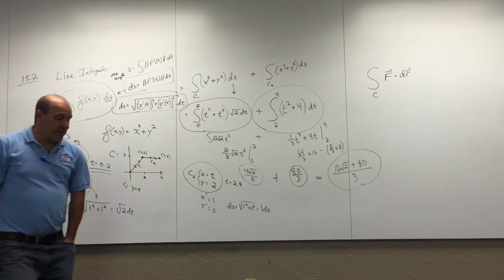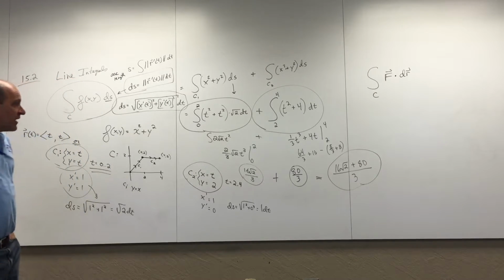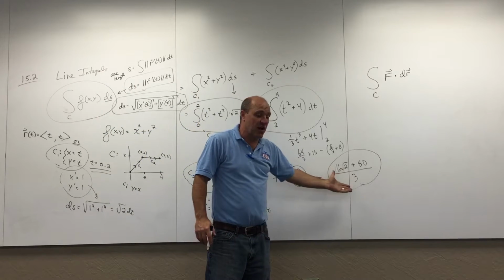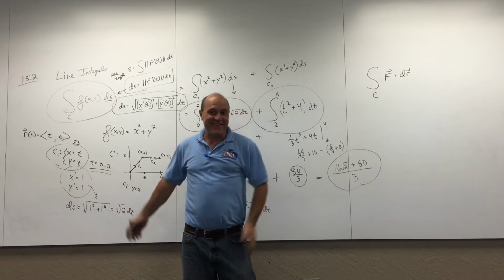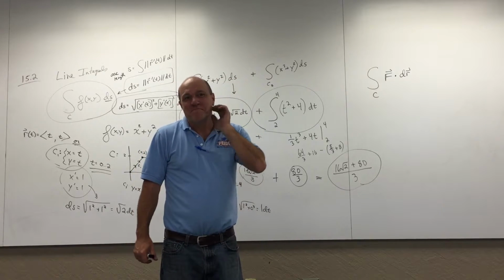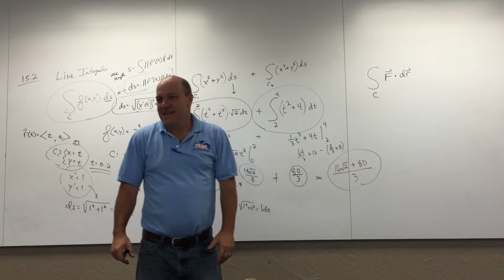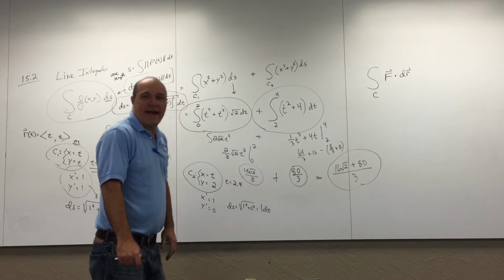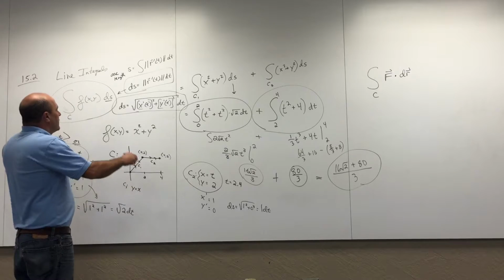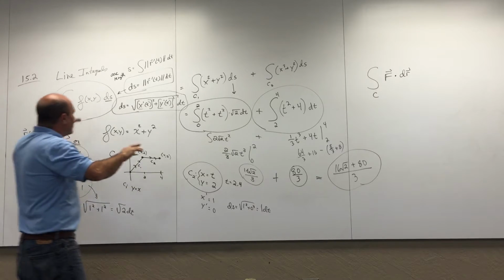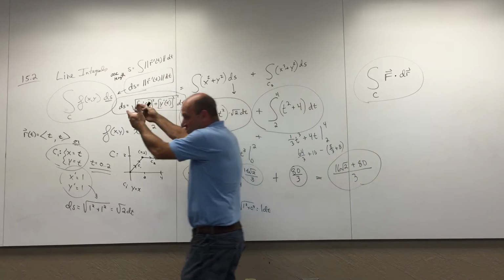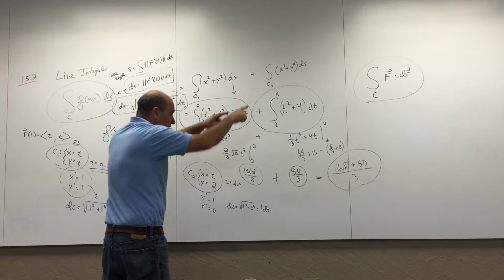I was kind of waiting for this question, which is: okay, cool, you did this line integral, you got this answer, which is a number. What does the number mean? Well, I can tell you, but I kind of don't want to. The truth is, remember, we're learning about two different kinds of line integrals in this chapter. I did this one first. The book starts with this one, then we move to that one.